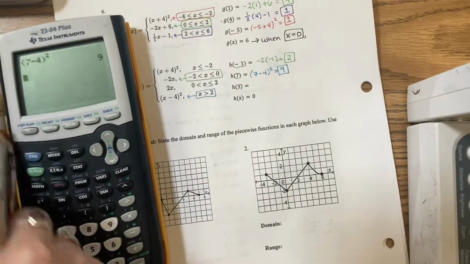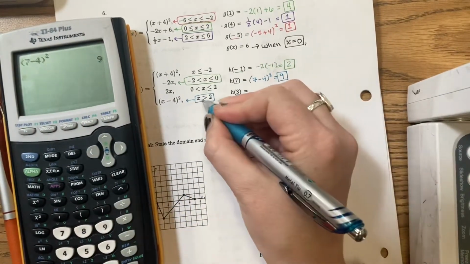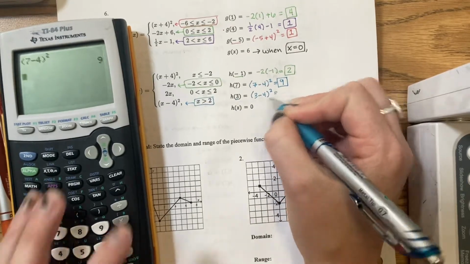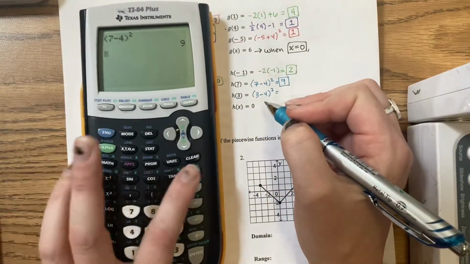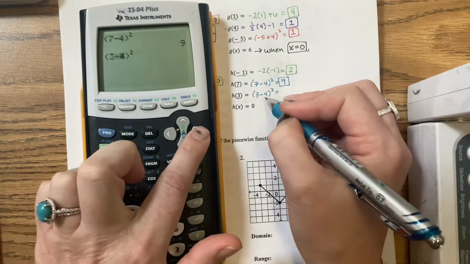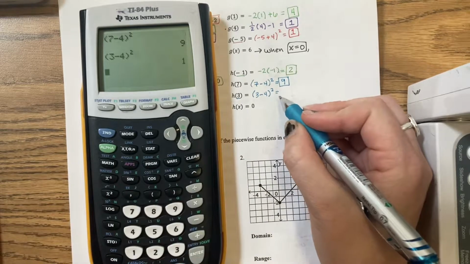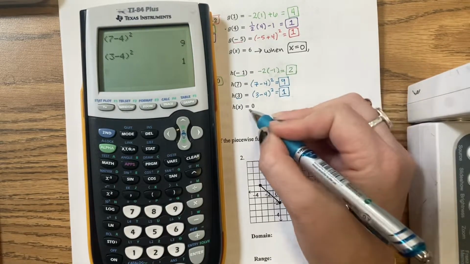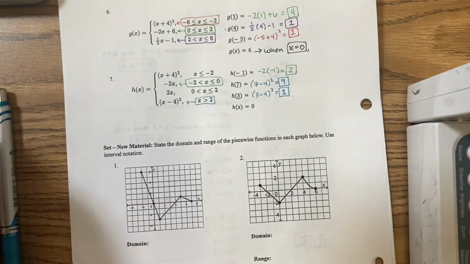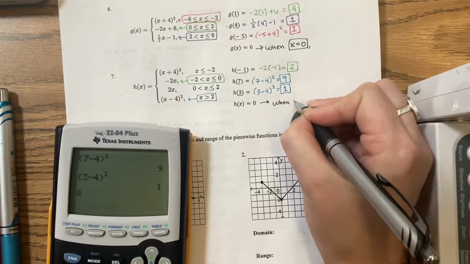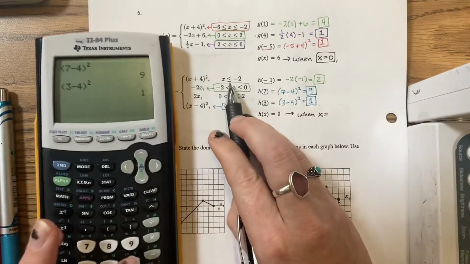Oh, that's nice. 3 is also greater than 2, so I'm just going to plug a 3 minus 4 into the same equation. Change that 7 to a 3 minus 4. And when is it equal to 0? That means I'm going to go through my list and plug my x's in.